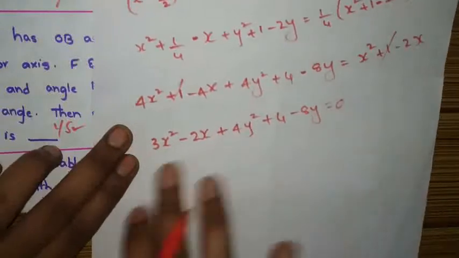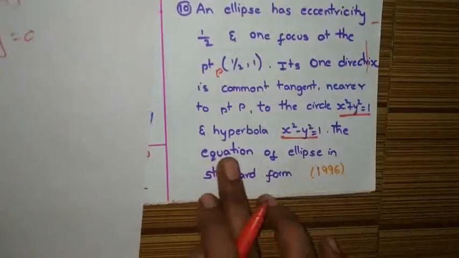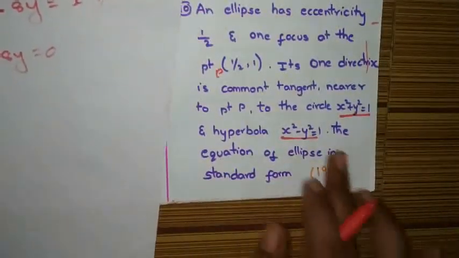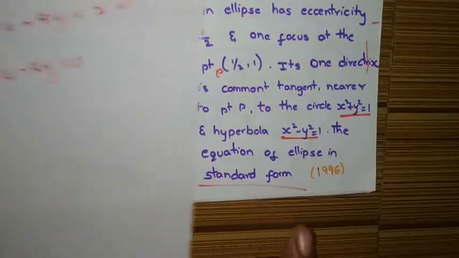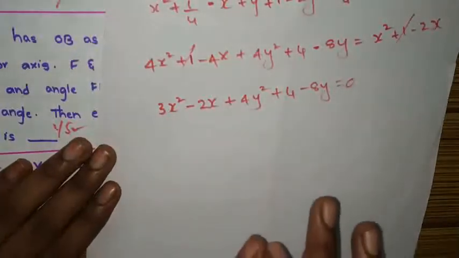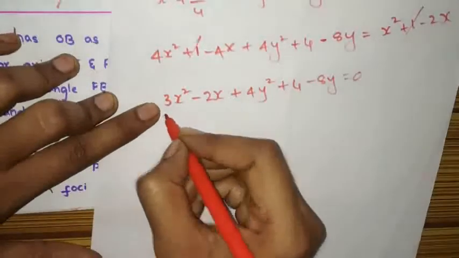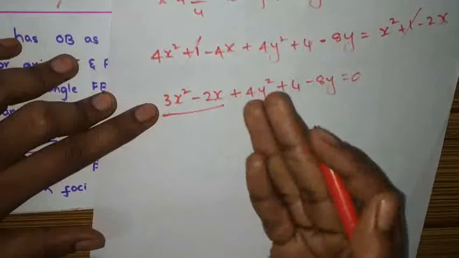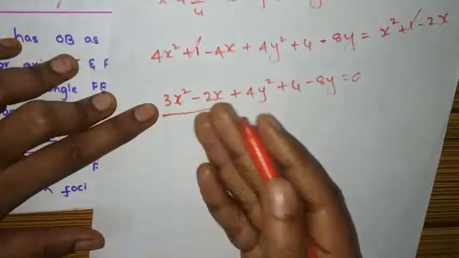This is the equation of the ellipse, and they asked you for the equation of the ellipse in standard form. So here I will tell you a procedure. To get that, first take the x square coefficient as 1.